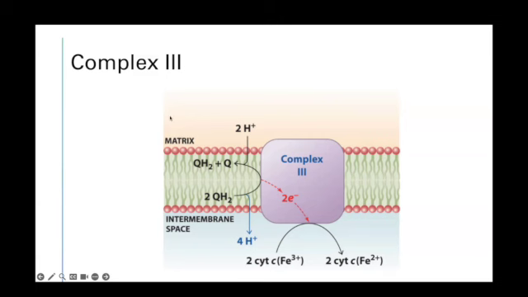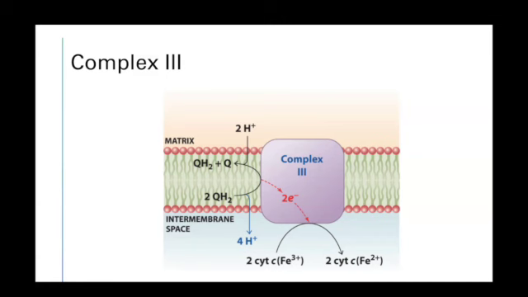In complex 3, we have something happening called the Q cycle, which is honestly a little bit complicated and can be really confusing. But essentially, the Q cycle only takes 1 electron at a time, but 2 electrons get donated from ubiquinol, so we must split it up to pass each electron through a 1 electron carrier.